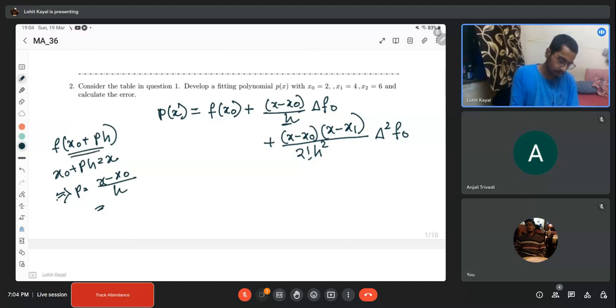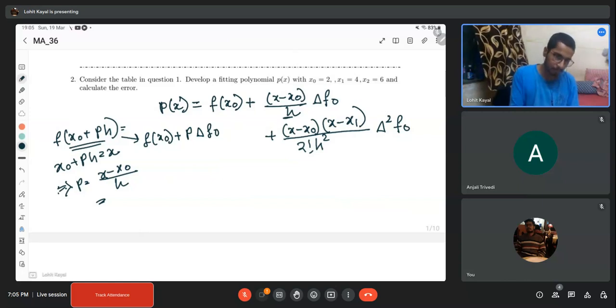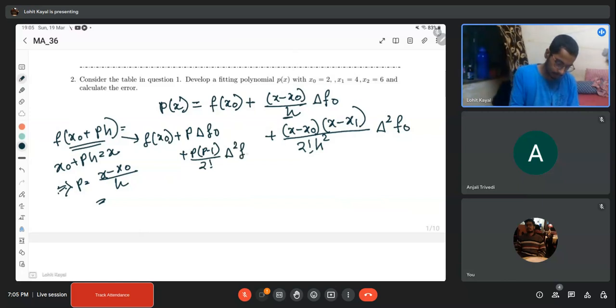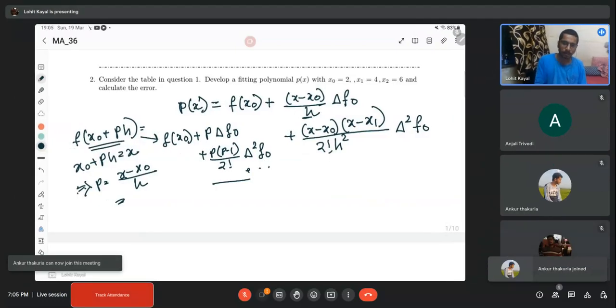If we expand using the Taylor series approximation, it will be f of x0 plus p delta f0 plus p(p minus 1) by factorial 2 delta squared f0 plus and so on.